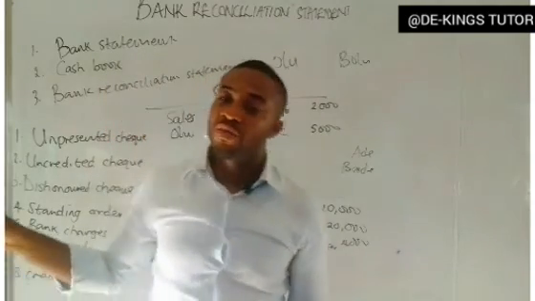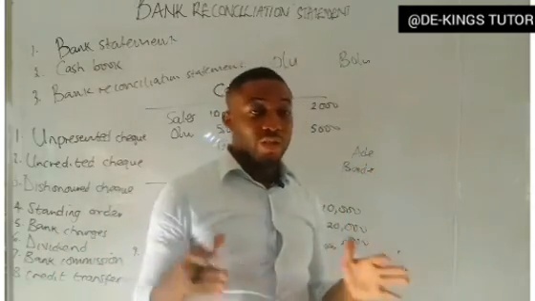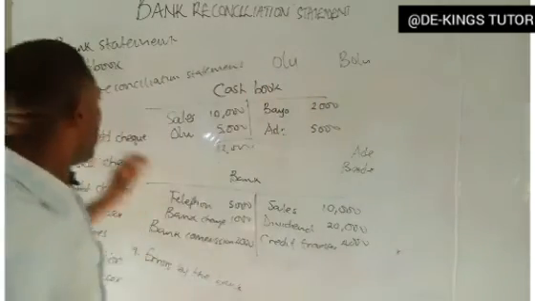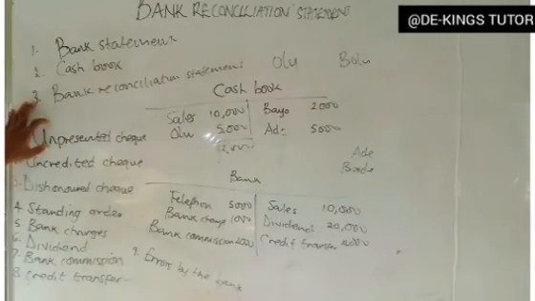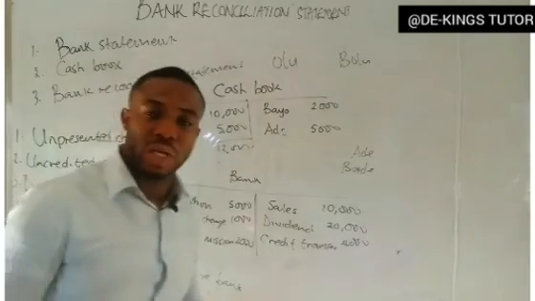So we've seen some of the reasons why there's a difference, discrepancy, or disagreement between the cash book and the bank statement. We said one of them is the unpresented check, uncredited check, dishonored check, standing order, bank charges, dividend, bank commission, and credit transfer.